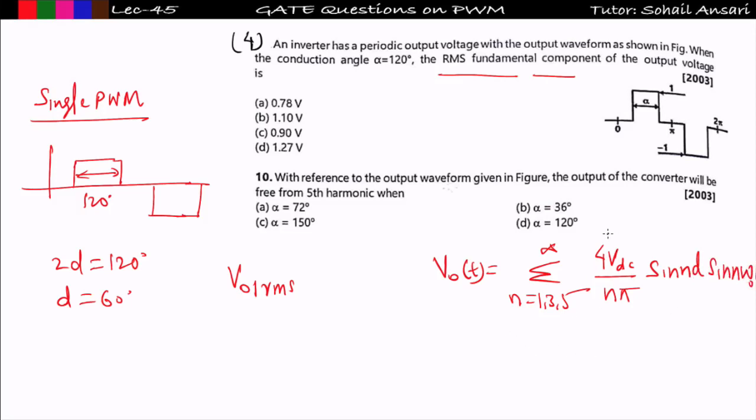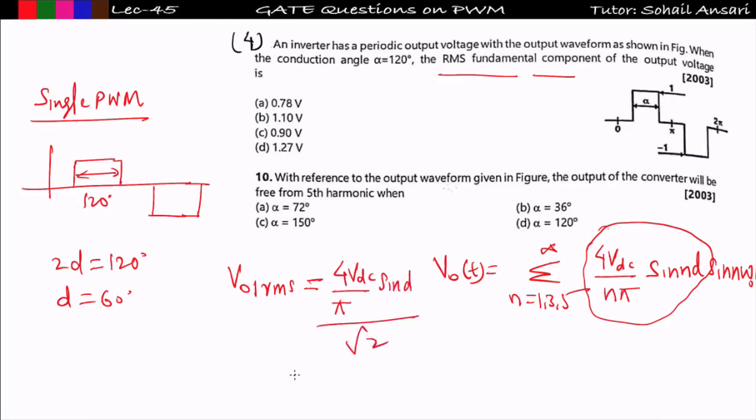So the peak value of the fundamental output voltage will be 4 VDC upon pi into sine D, and if I divide by root 2, then we get V01 RMS. So 4 VDC upon pi into sine D divided by root 2 will give me V01 RMS. VDC here is 1 per unit, so it is 4 multiplied by 1 upon pi root 2 multiplied by sine D. D is equal to 60 degree.